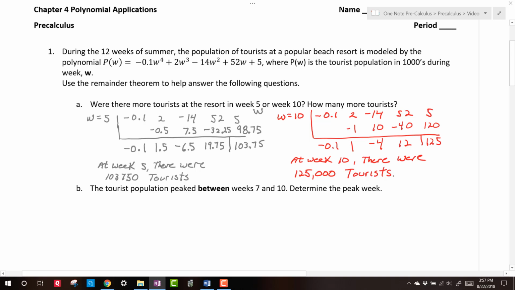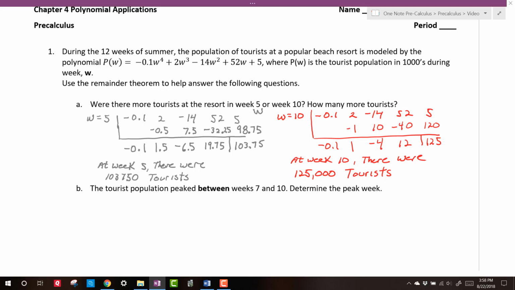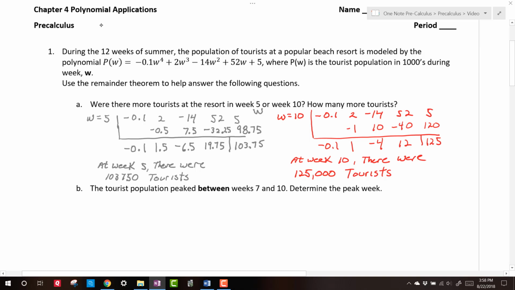Okay, now it says how many more tourists. So there were obviously more in week 10, and to figure out the difference, you would just take 125,000 and subtract 103,750. So I can actually do that over here off to the side. We got 125,000 minus 103,750.